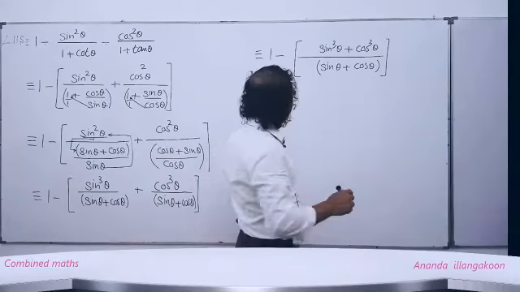And the first factor, ignore these powers 3. Sine theta plus cos theta like this. And then square this plus square this. And minus, multiply this and this, sine theta cos theta. This is the second bracket.